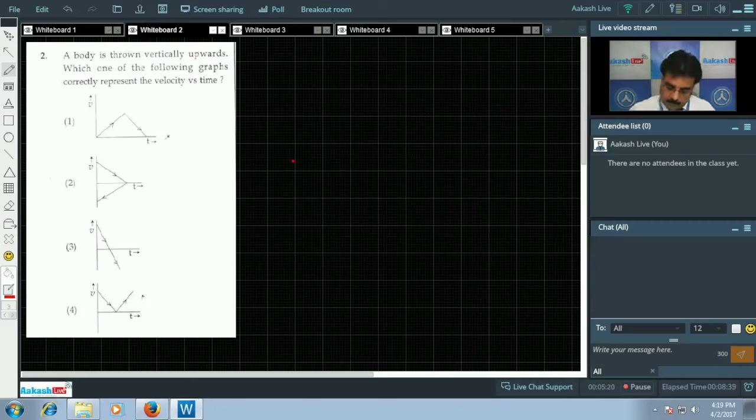So if I visualize the situation, this is the position of the body, and this body is going up. So acceleration of gravity is acting downward. On the other hand, we can say that the direction of acceleration due to gravity will act downward. So we can write the equation v is equal to u minus gt.